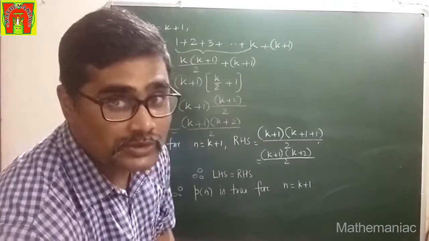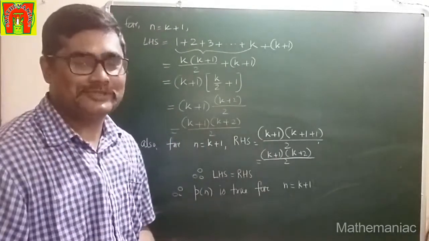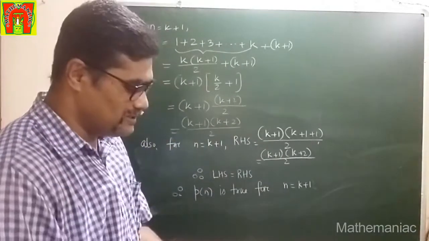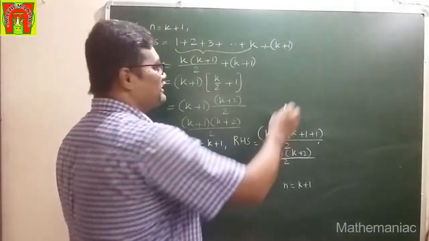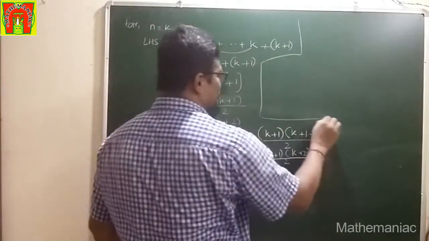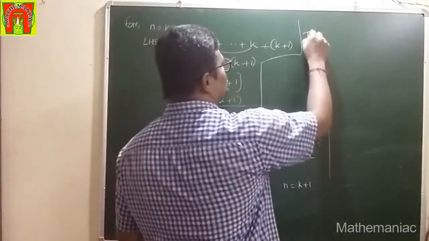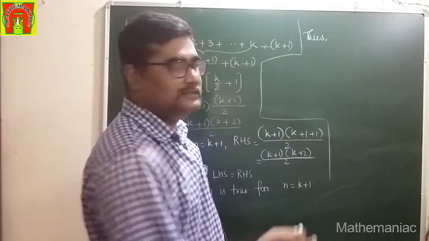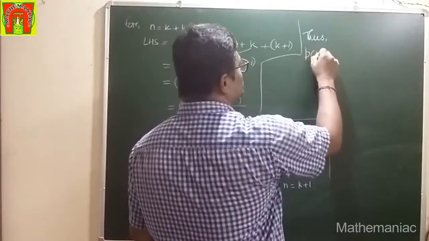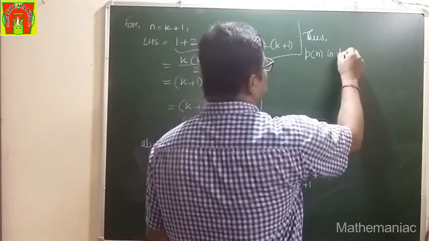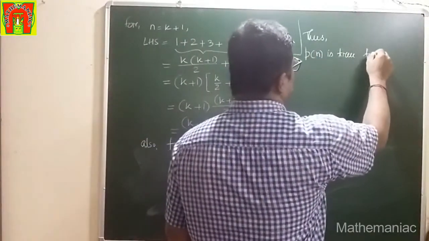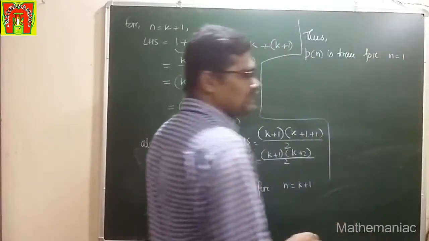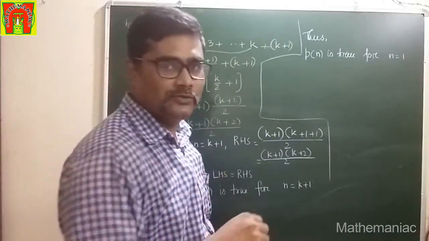Now it's time to again bring those statements, right? I'll write the concluding statement in the blank space here. Thus, Pn is true for n equal to 1.